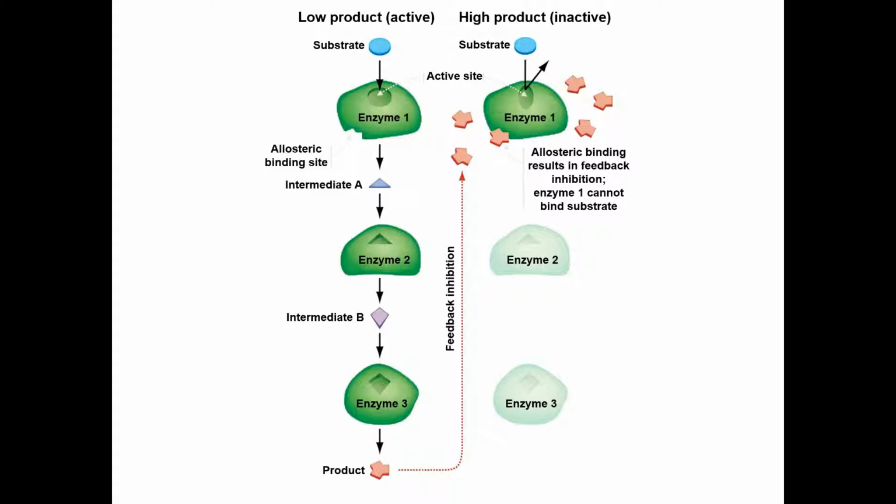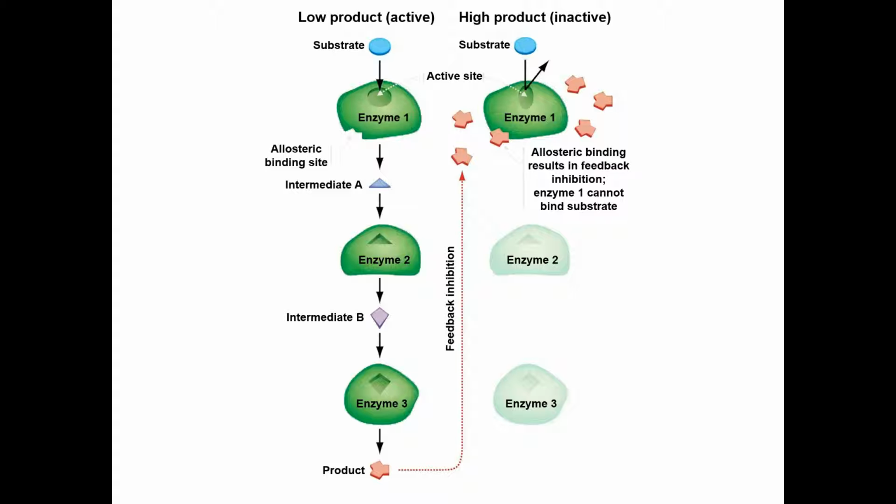So this is illustrating again this idea of low production of a product versus high production of a product. If the cell is producing a product at or below its quota, then it's going to continue to produce this product.